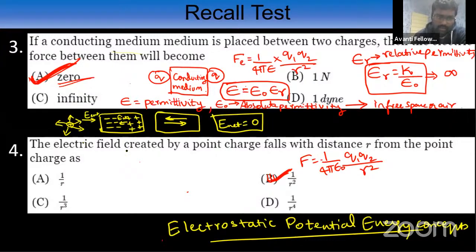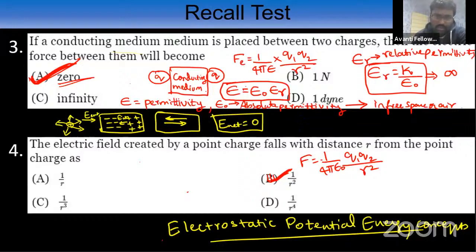Yes, correct, Devikarani. By this concept, we can say my conductor does not allow this charge to pass through it at all. It may induce some charge, but it's not allowing this charge to pass through it.